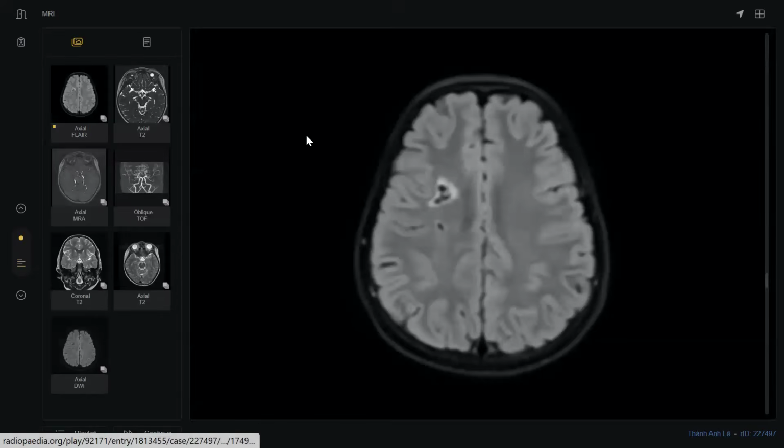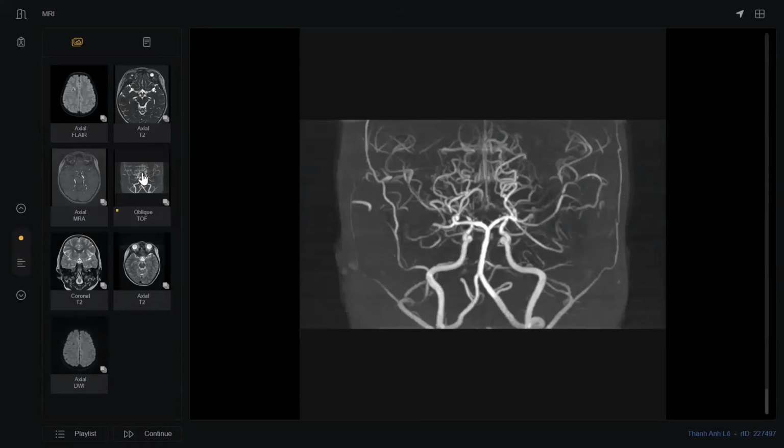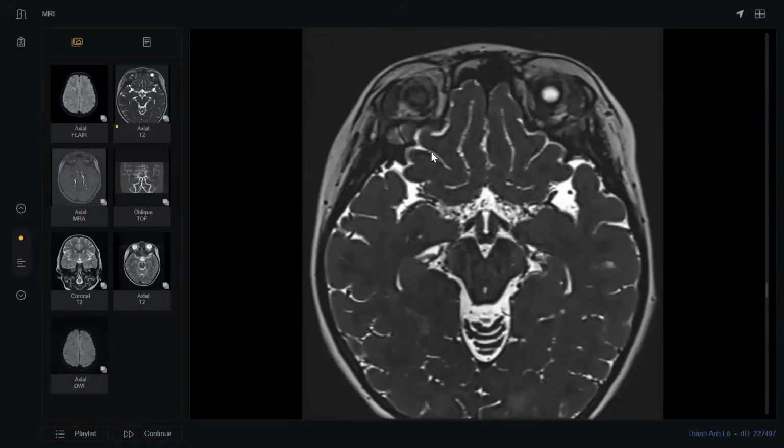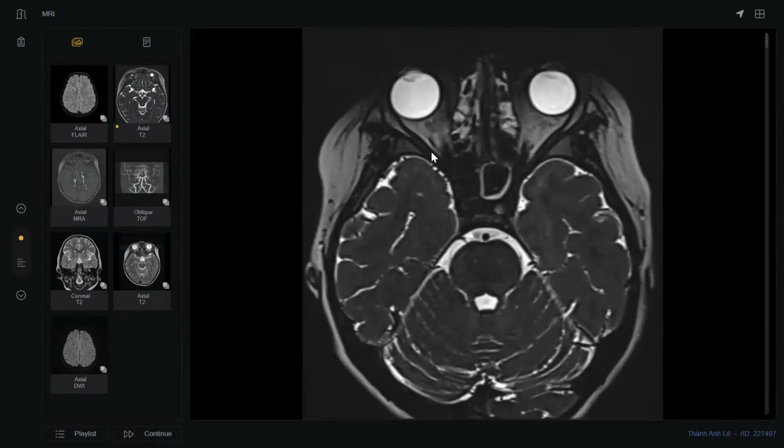Moya Moya disease is when there is no underlying cause, idiopathic. Moya Moya syndrome means there is an underlying cause like neurofibromatosis. Don't expect this one. When you are studying, always be familiar with the axial because this is the original radiology.